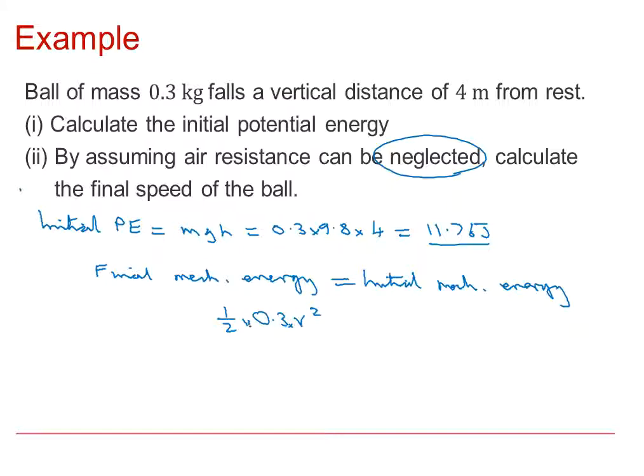There's no potential energy at the end, and the only initial mechanical energy we have is potential, which we've just found is 11.76. There was no kinetic energy initially, and that gives us the speed of the particle at the end of this journey as 8.85 meters per second. So that's an example of conservation of mechanical energy because air resistance was neglected.